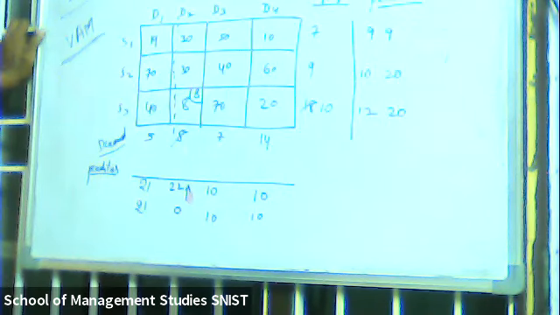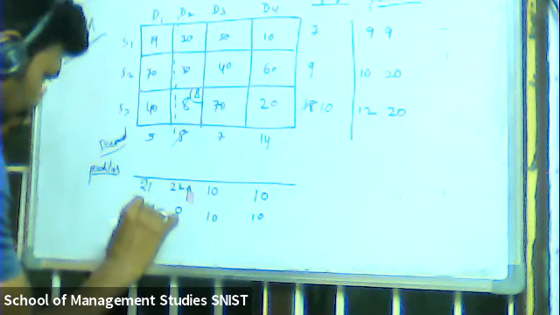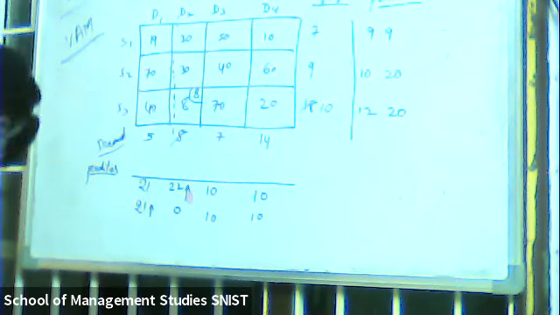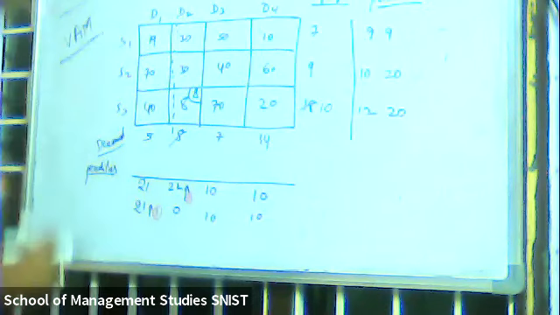Now check penalties. Which one is the maximum? 21. Is it the first column, third column or fourth column? D1, the first column. So your second entry has to be done under D1.